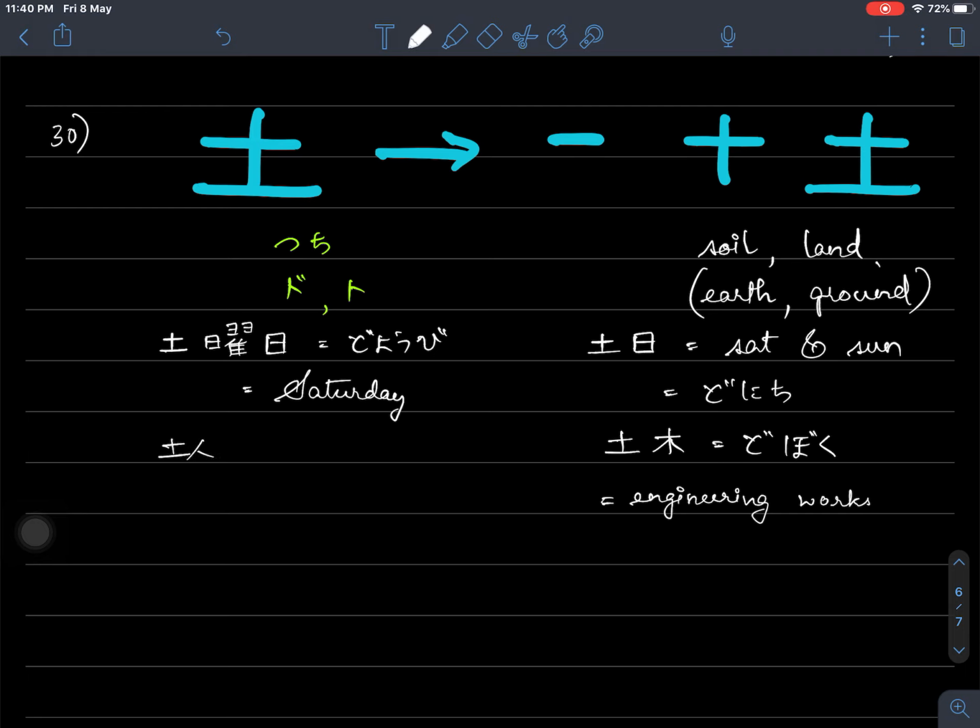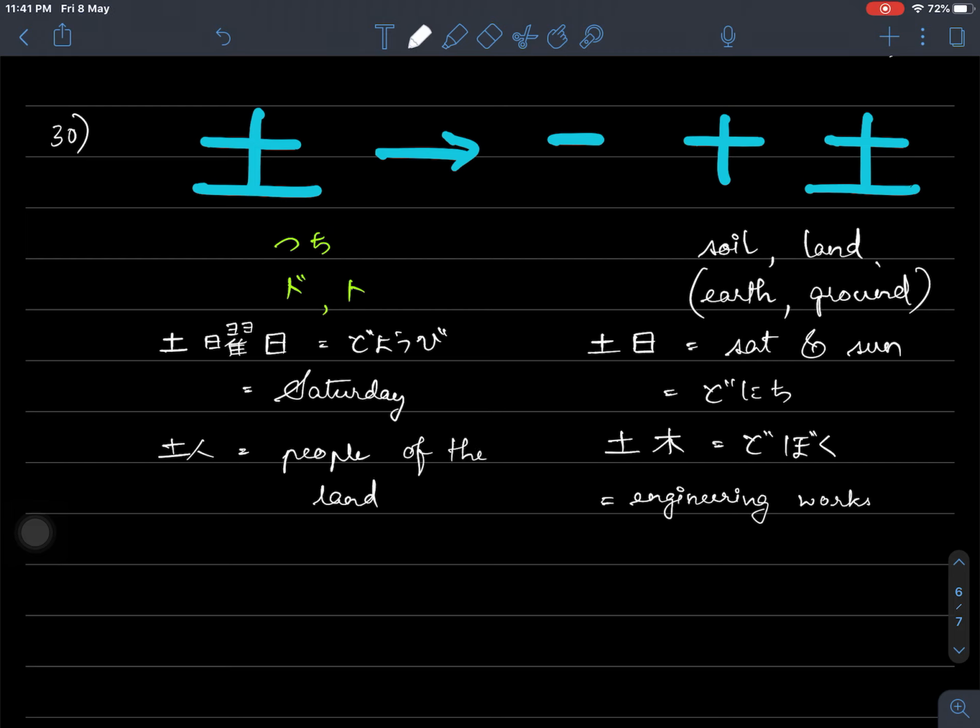Let's have a look at the next kanji. Now this literally means earth person, but think about it as a person who belongs to that particular part of the planet, or that particular part of land. Or if I had to put it in a bit more flowery language, let's think of it as people of the land.